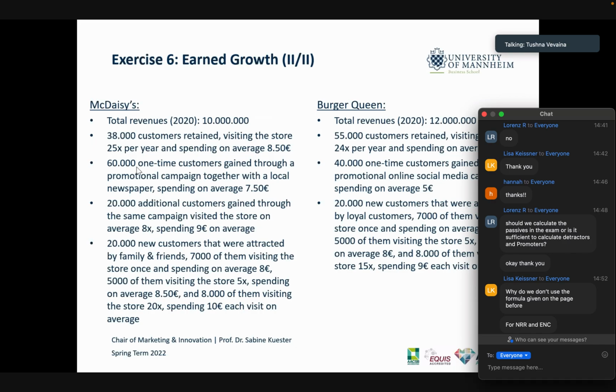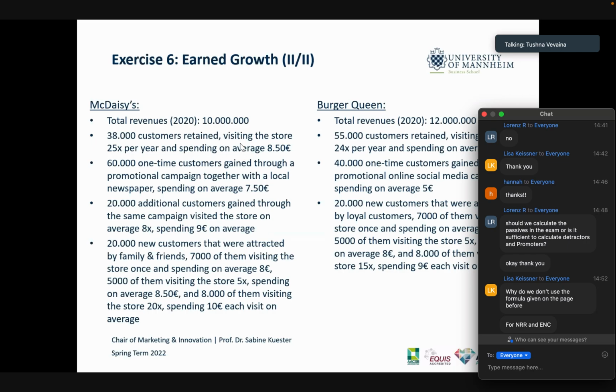Okay, so assuming all of you saw the keywords and segregated the different statements as bought customers, earned customers, retained customers, let's discuss. For McDaisy, the total revenue you've been given very directly, 10 million, and you've been given these different statements saying that 38,000 are your retained customers.